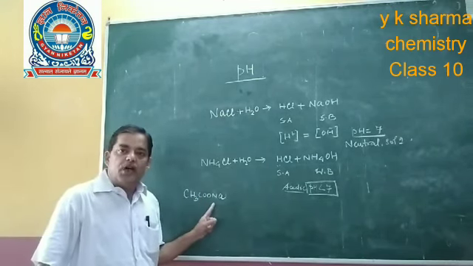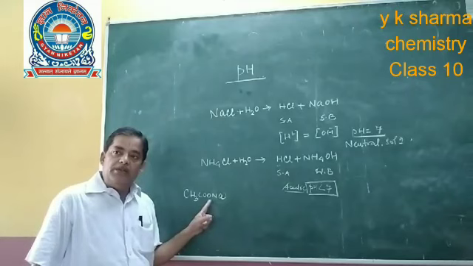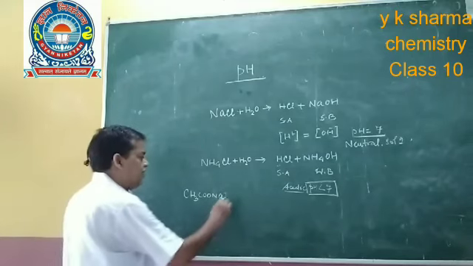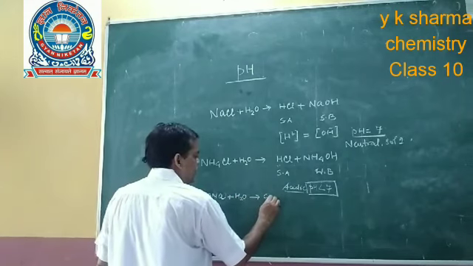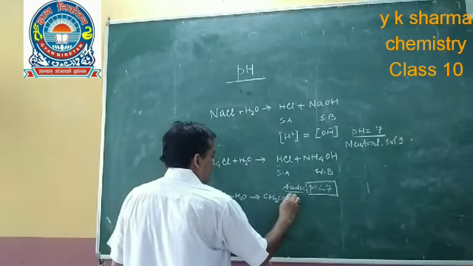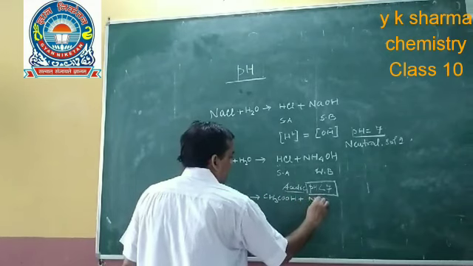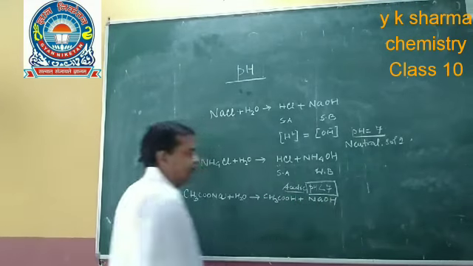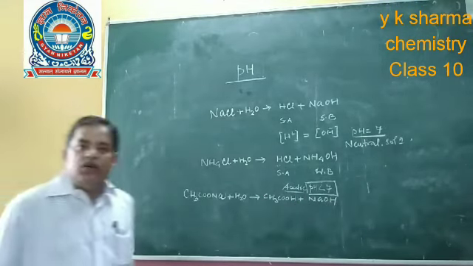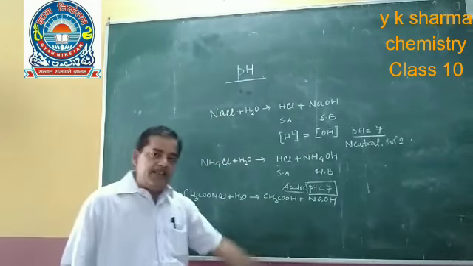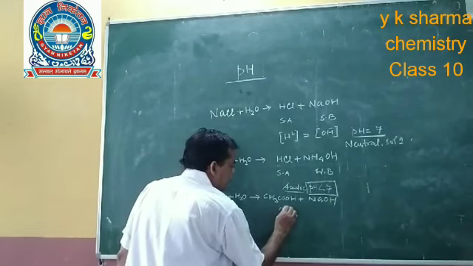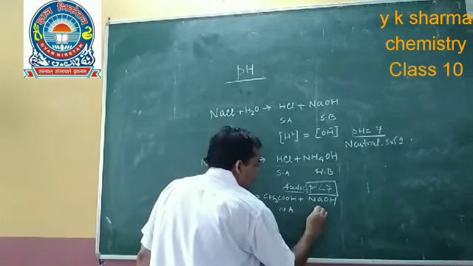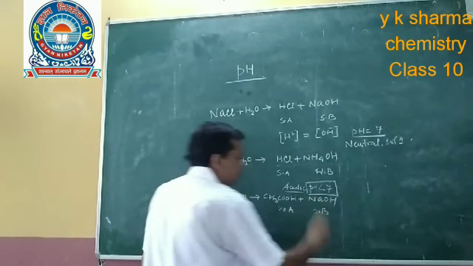Now another example, you can take CH3COONa. What is the name of that salt? It is called sodium acetate. When sodium acetate is dissolved in water, it forms CH3COOH plus NaOH. Now consider the acid and the base. CH3COOH is a weak acid and NaOH is a strong base.